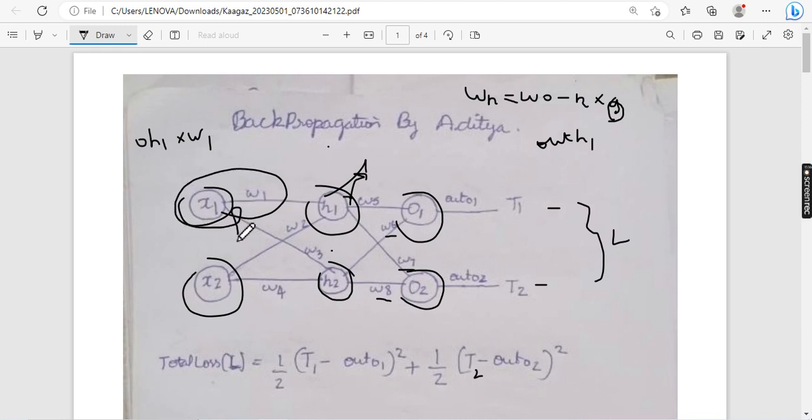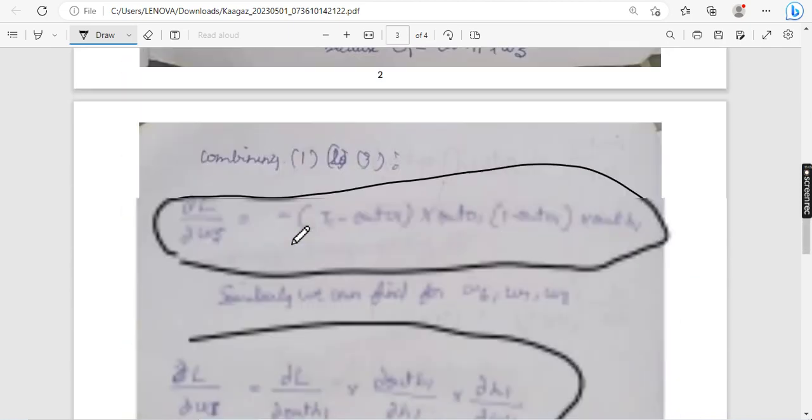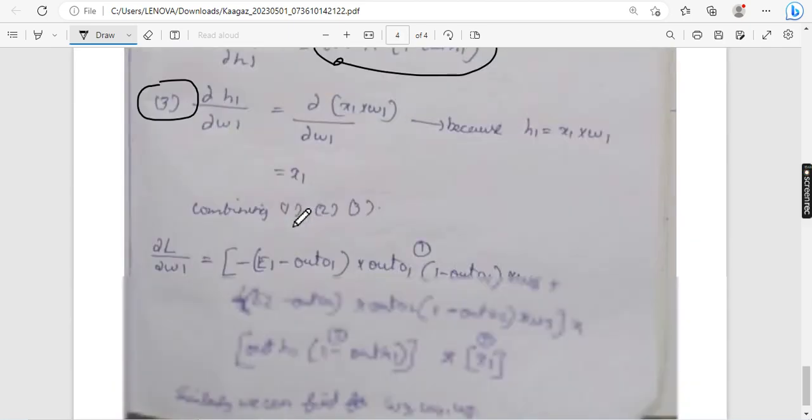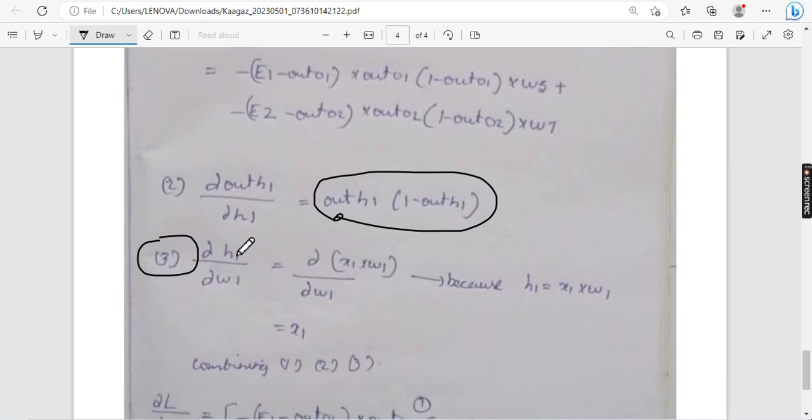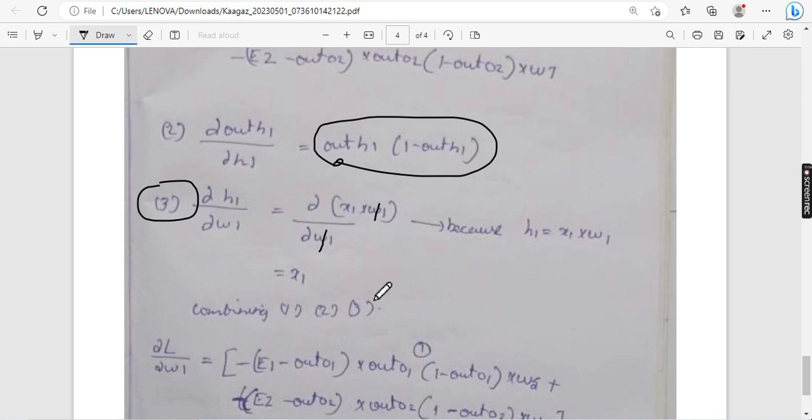X1 into W1 is equal to H1, which is the hidden layer 1, right? So that's what I've written here. So if you differentiate X1 into W1 with respect to W1, this W1 and this W1 will get cancelled because this is the partial differentiation. This X1 will be intact, okay? So the answer is X1. So combining all these three equations, you will get this larger equation.